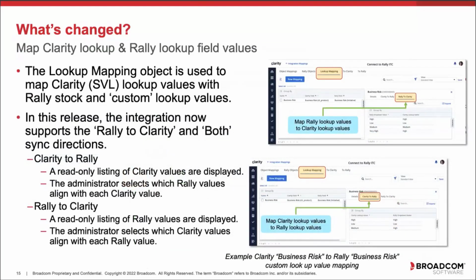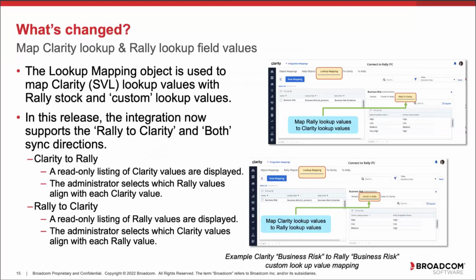And this is the lookup mapping behind the scenes, where you actually control which way it is going. Is it going from Clarity to Rally or Rally to Clarity? If you're using the Clarity to Rally mapping technique, the Clarity lookup values are read-only, and then you align the Rally items, and vice versa from Rally to Clarity.